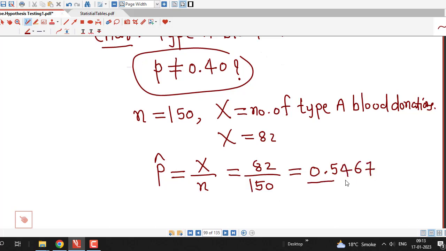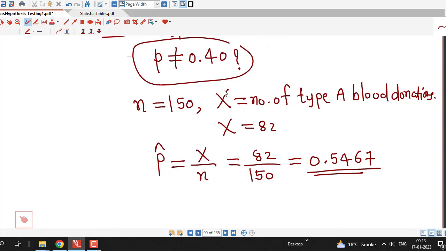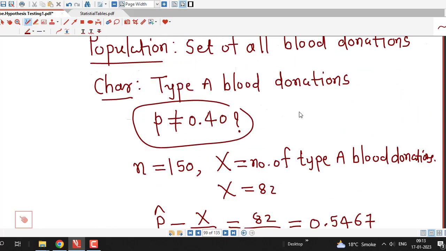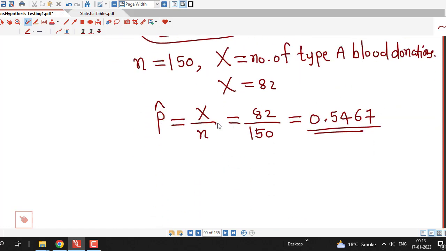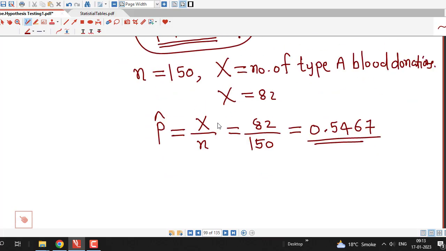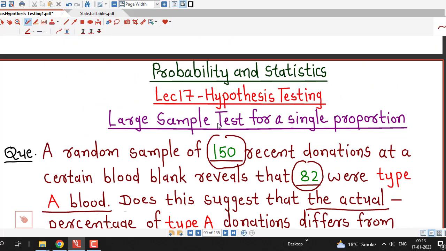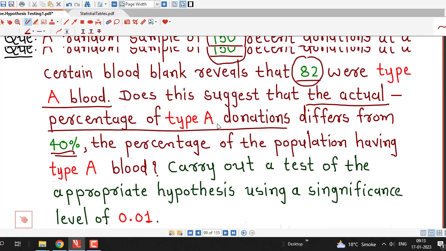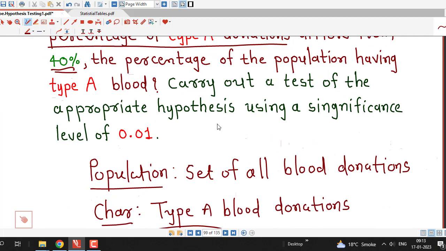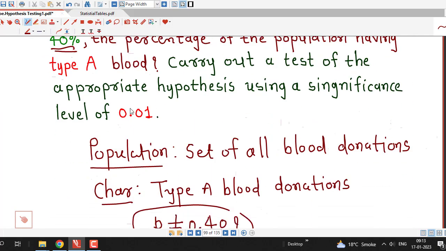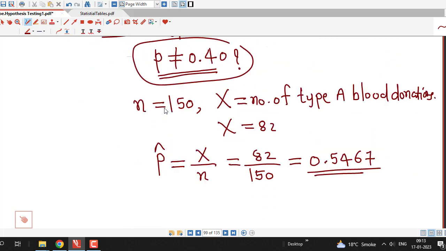This is the sample proportion, and we have to check whether the population proportion is different from 40% or 0.40 or not. This is the information given to answer this question, and we have to consider the level of significance as 0.01.